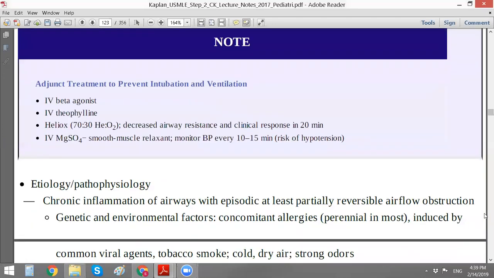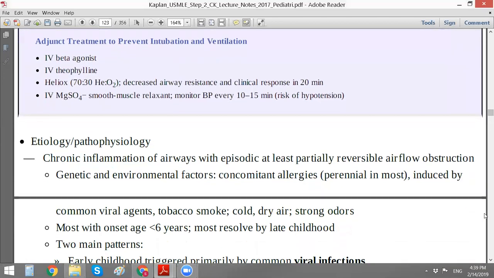Adjunct treatment to prevent intubation and ventilation includes IV beta agonist, IV magnesium sulfate, and Heliox. Heliox is helium, which increases airflow, with clinical response in 20 minutes.